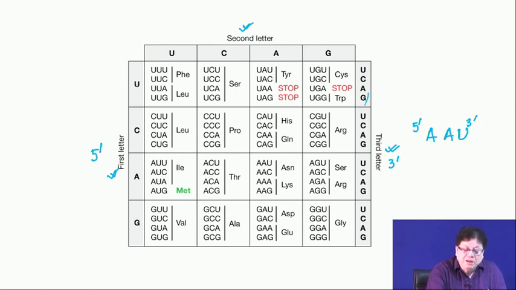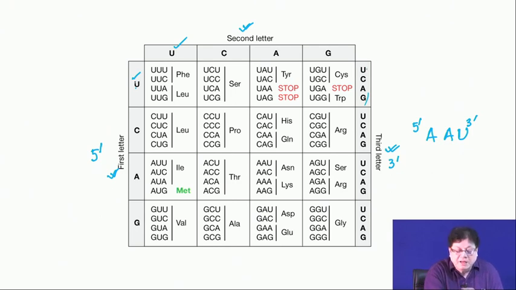So, if the first base is U, the second base suppose is U also, and then the third base. So, this is the first letter. You have taken the first letter U, you have taken the second letter. Now, next you take the third letter. So, one of these you have to take.